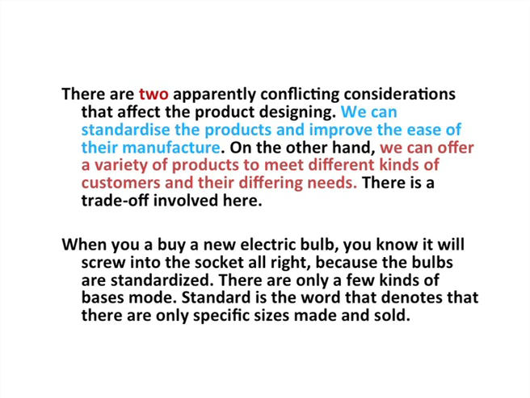When you buy a new electric bulb, you know it will screw into the socket all right because bulbs are standardized. There are only a few kinds of bases. Standard is the word that denotes that only specific sizes are made and sold.